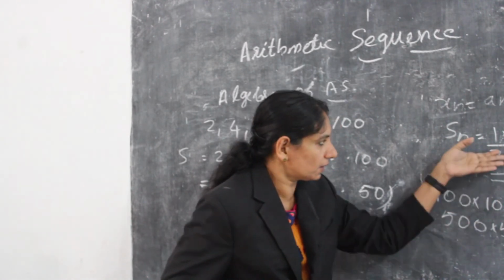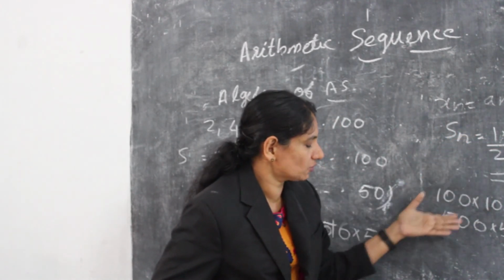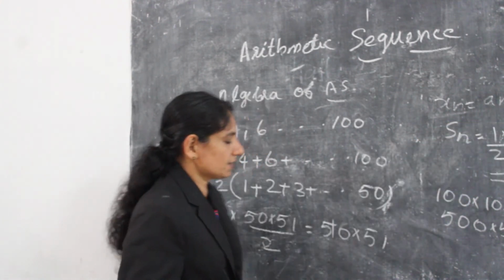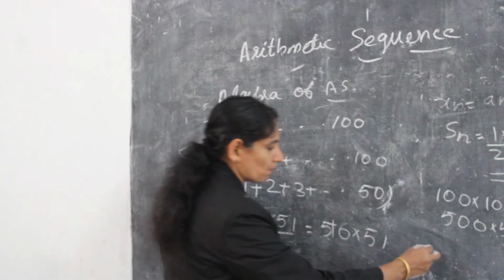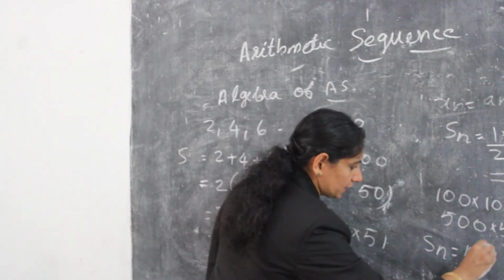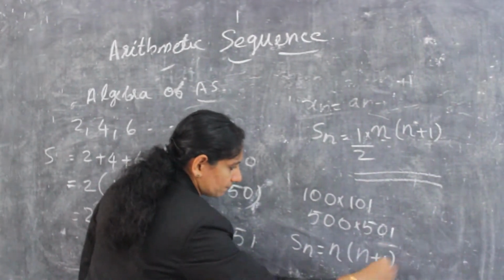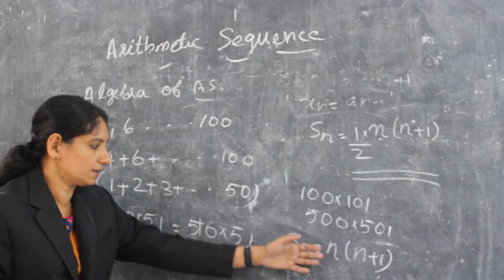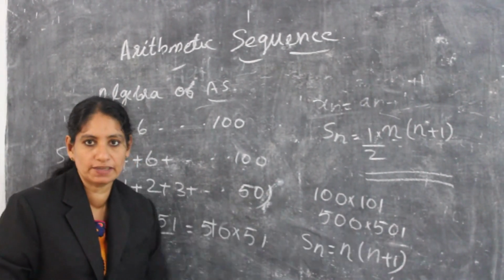In the case of even numbers, we did not divide by 2. Then we can generalize this: the sum of n even numbers is Sn is equal to n into n plus 1.